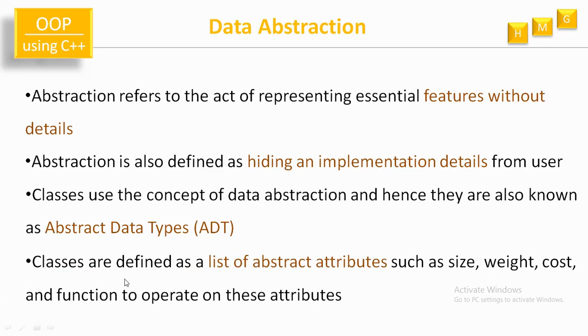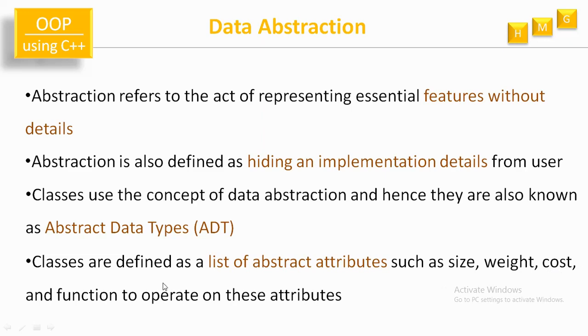The classes are defined as a list of abstract attributes such as size, weight, cost. These are the data, and the functions operate on these attributes. So for size, weight and cost, the functions may be to find the area of that particular shape, or find the total cost of n number of items.